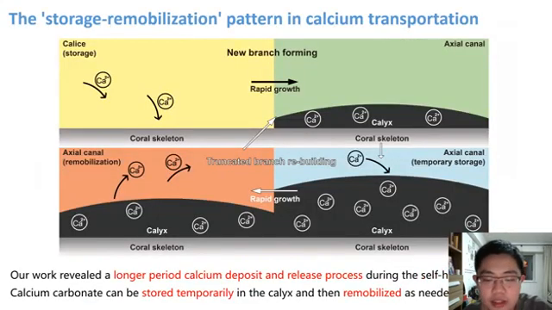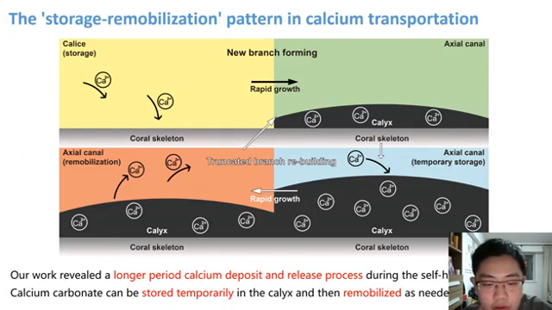This self-healing process infers that transport within the gastrovascular system is responsible for supplying the needed materials for deposition to occur, and then dissolution of the calyx that removes calcium carbonate and restores the original diameter of the exocanal to occur. The removal of calcium carbonate can be used for the linear growth of the skeleton.